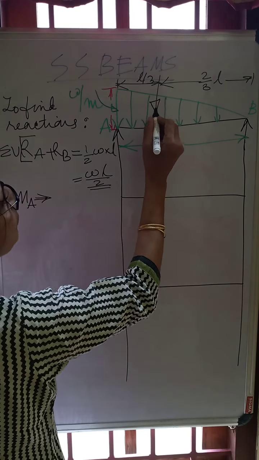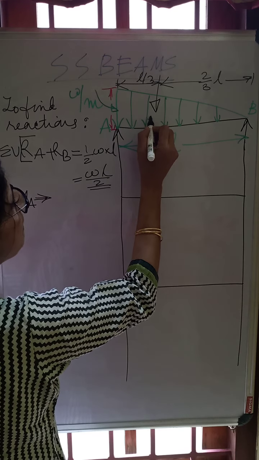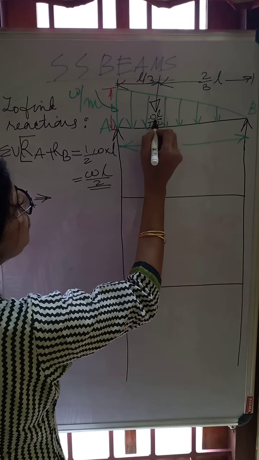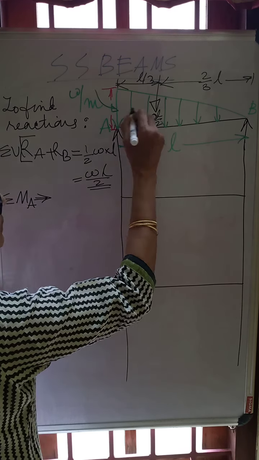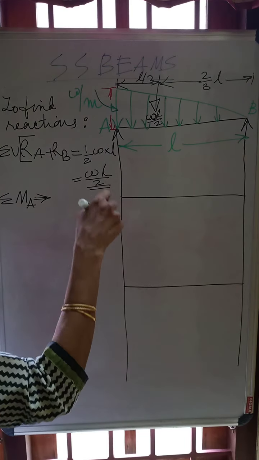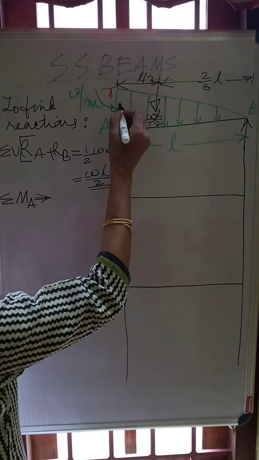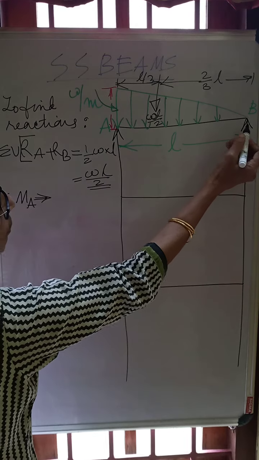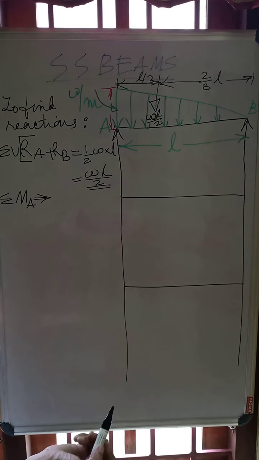And the magnitude of this is WL by 2. This total load will be converted to a concentrated load acting at L by 3 from the base or 2 by 3 L from the vertex.